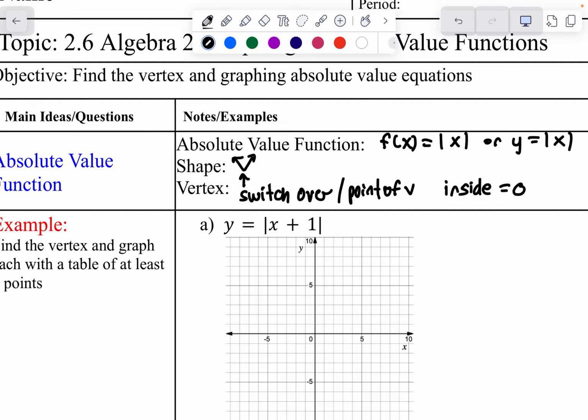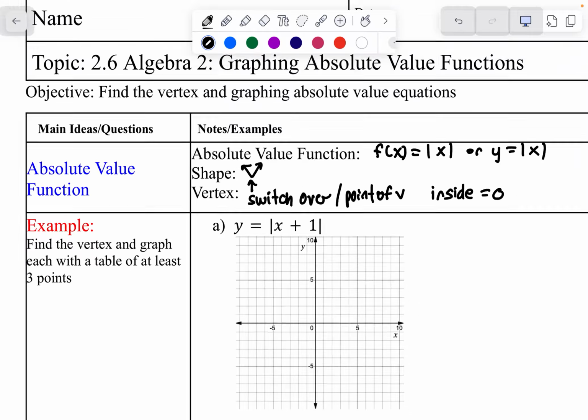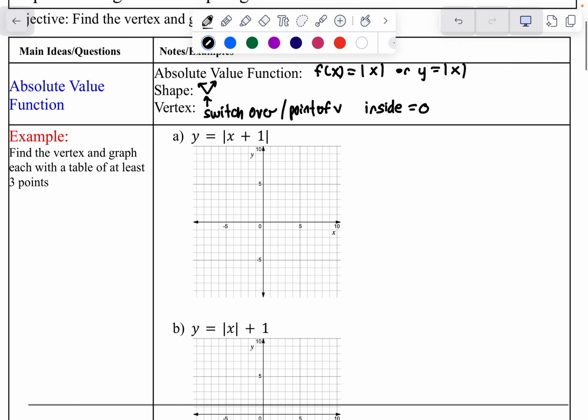You want to do the same procedure every time, and it would be very helpful. We want to find that vertex as our first stop before we move anywhere else. So now let's actually look at an example.